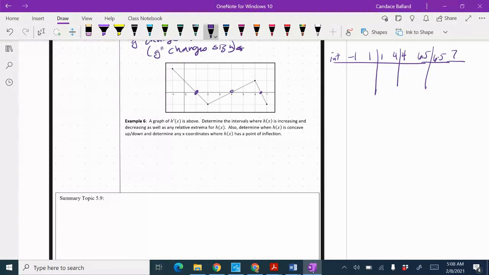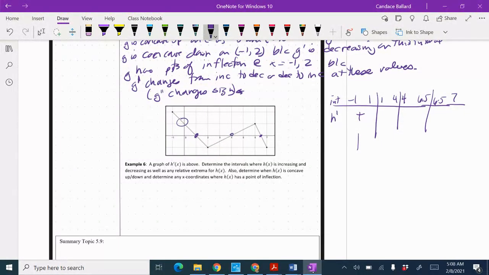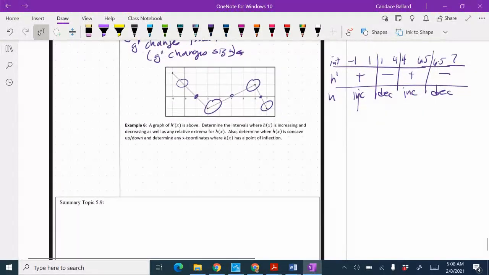All right. So because we're looking at increasing, decreasing, we're looking above, below. So I'm above, then below, then above, then below. So that means that h is increasing, decreasing, increasing, decreasing. So I'm going to write that out.